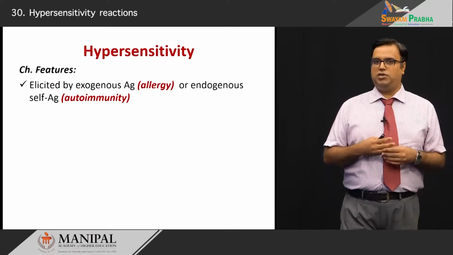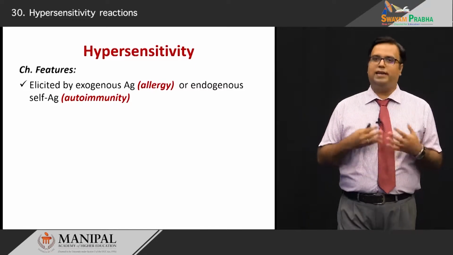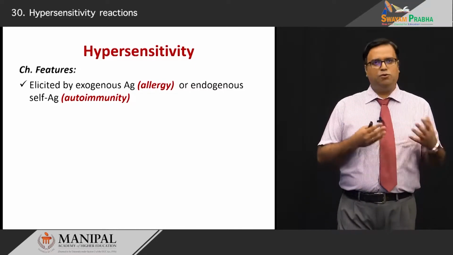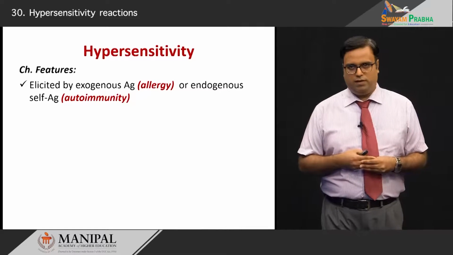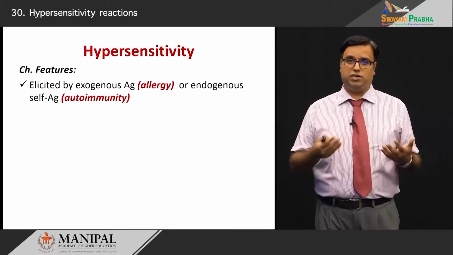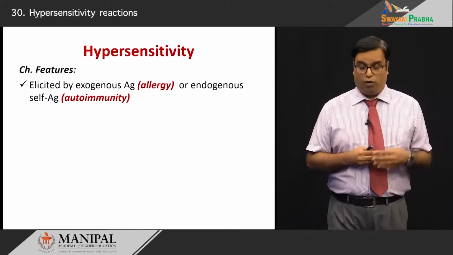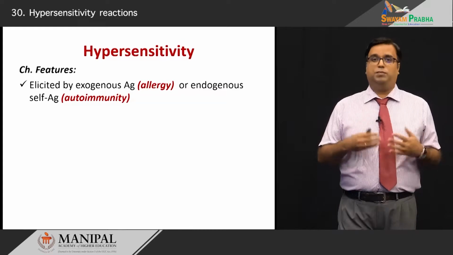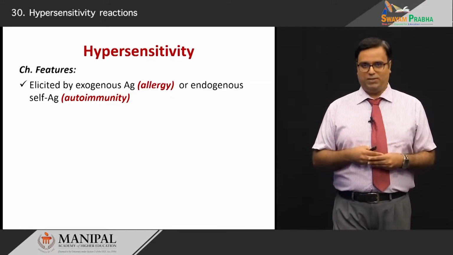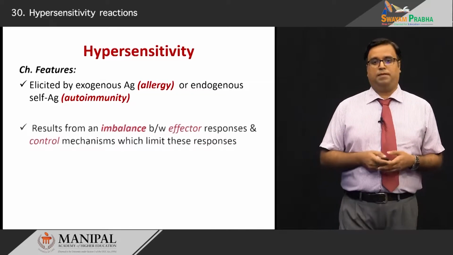Some of us may be allergic to food substances when we consume them. This is what is called an allergic reaction, and they are usually from an exogenous source. But endogenous source is something residing within your body and causing such a grievous reaction. A typical example of that is autoimmune reaction or autoimmunity, which requires an entire class on its own, which we shall discuss in the ensuing few classes.